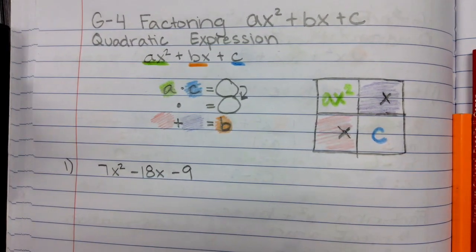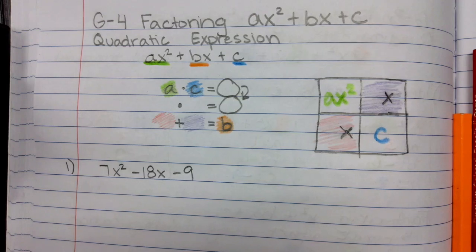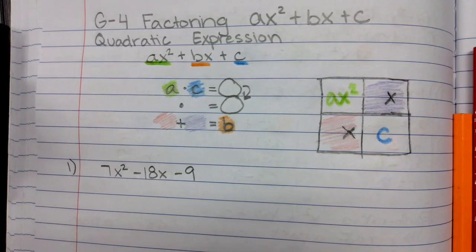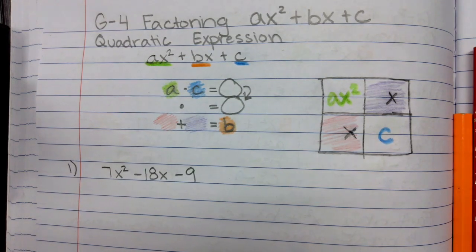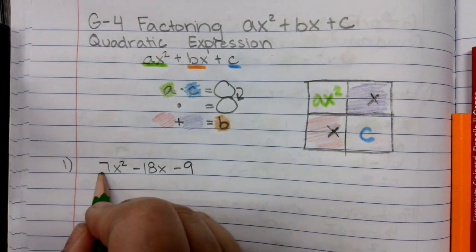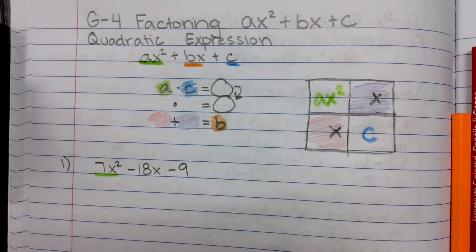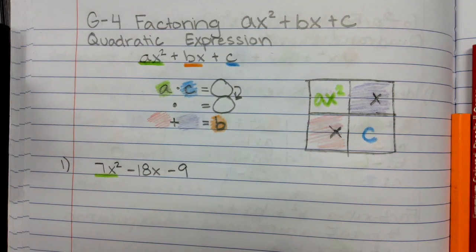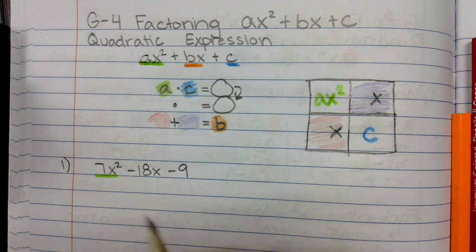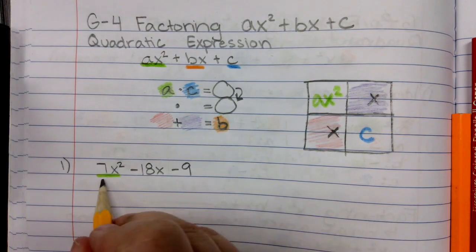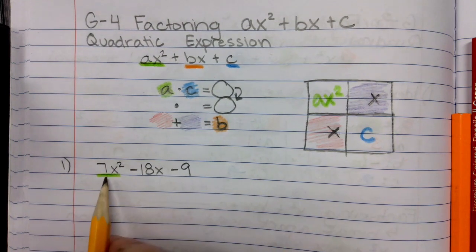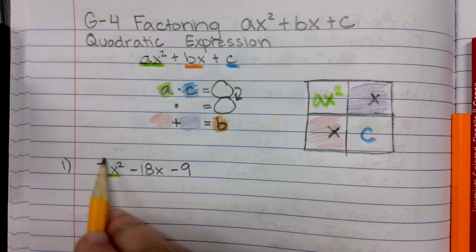So what is my A? Good, and remember when we think of just A, we want just the coefficient. So which one is just the coefficient? That's the constant. I'm sorry. In the 7x squared, that was right to say 7x squared. When I ask for A, I want just the coefficient of that term.